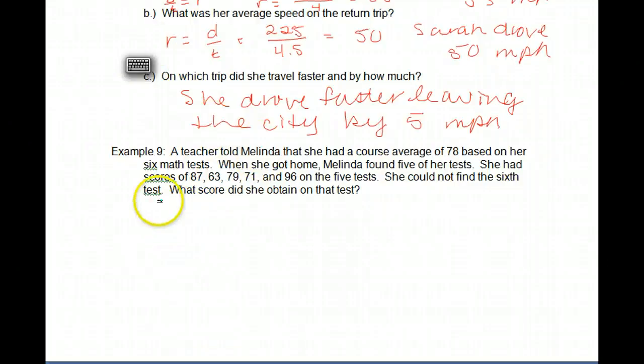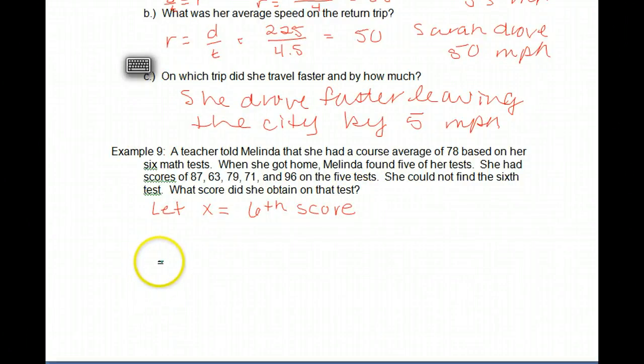So the first thing that we want to do here is write our let statement. And since we are looking for the 6th score, we're going to let X represent that 6th score. And to write this equation, you have to think about how an average is found. When you are computing a mathematical average, you add all of your test scores, divide by the number of scores that you had, and that gives you your result.